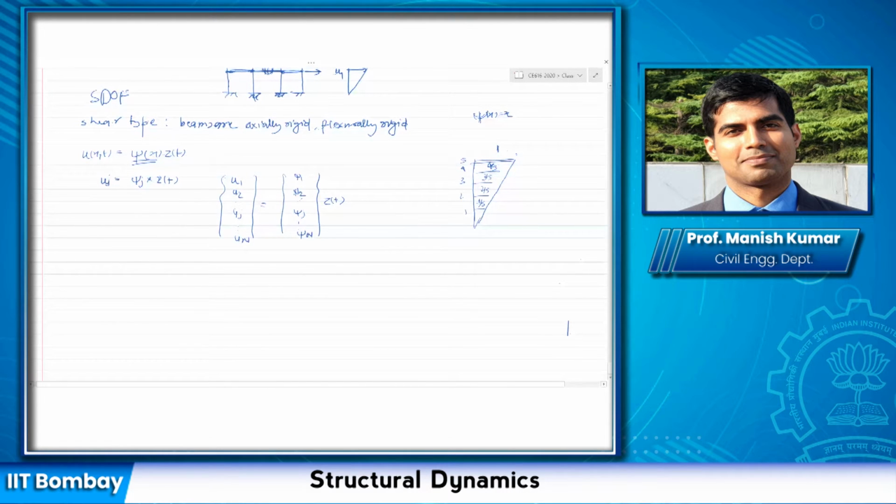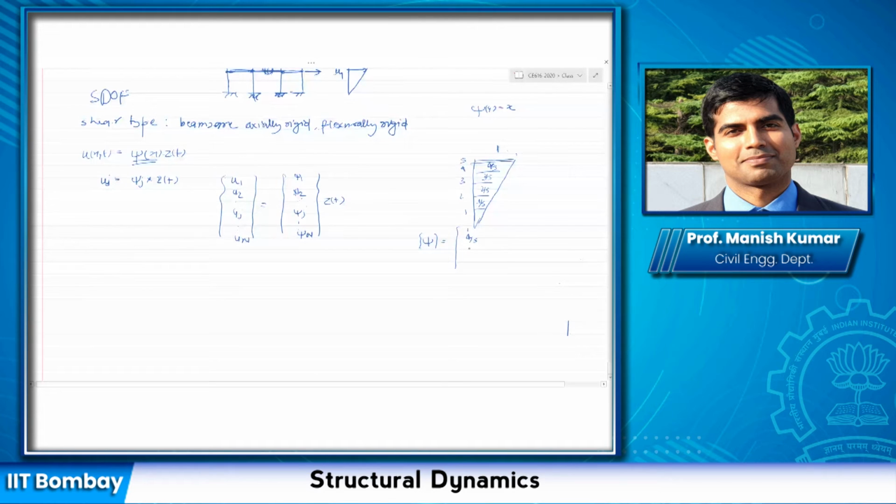Or, if you're considering this to be u1, it's better to write the first coordinate first. So this is 1 by 5, 2 by 5, and so on, up to 1. This is now how I'm going to write the shape vector, not the shape function anymore, for a discrete system.